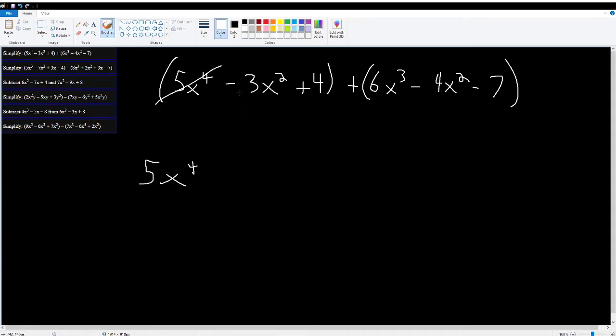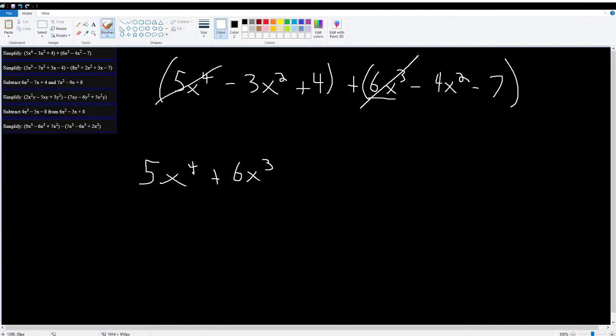Next is negative 3x squared and negative 4x squared. So negative 3x squared plus negative 4x squared is negative 7x squared. Oh, actually, sorry about that. I almost forgot. We were supposed to work in order from the power, so 6x cubed would just come along for the ride.